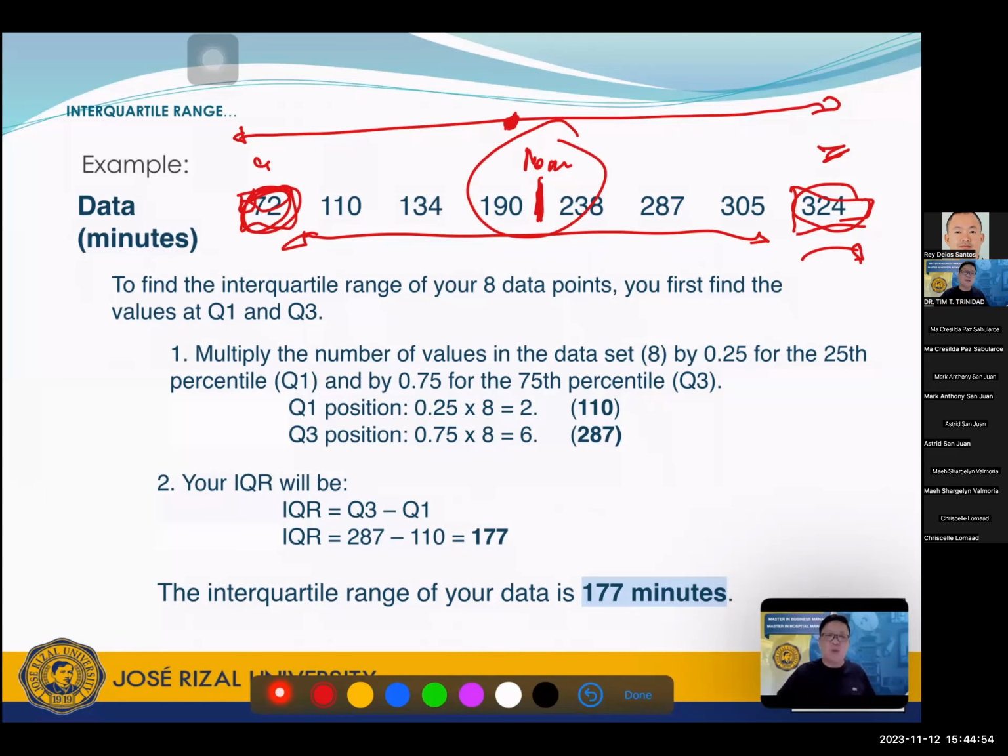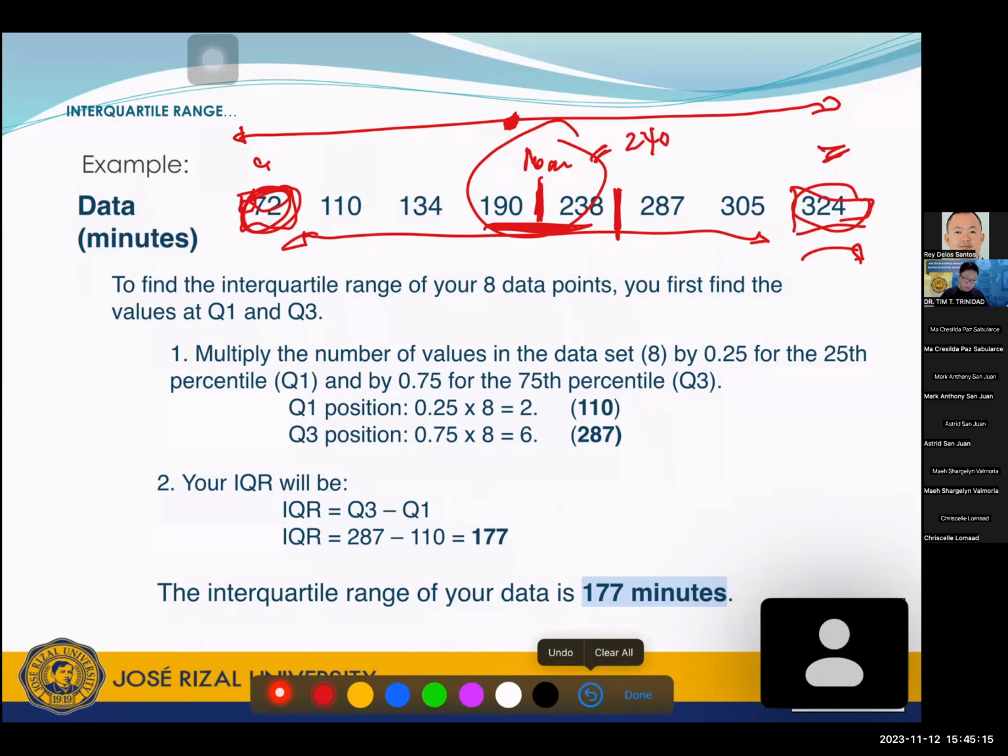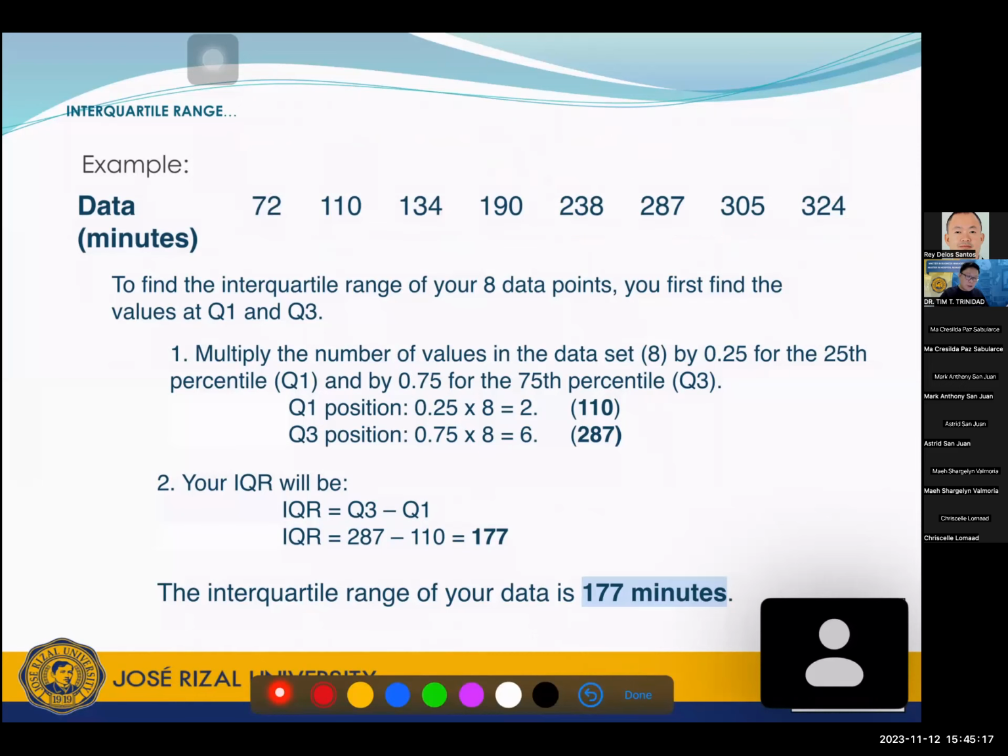So if you compute the median, it is 214. It should be somewhere here in terms of median, right? That is one view, one dimension.